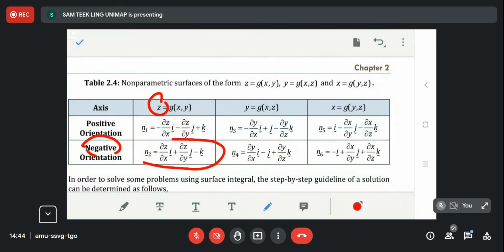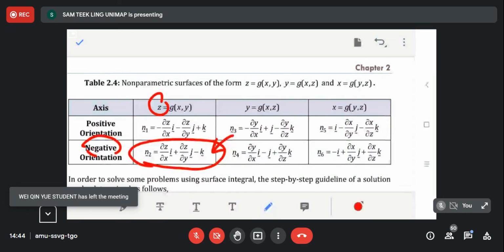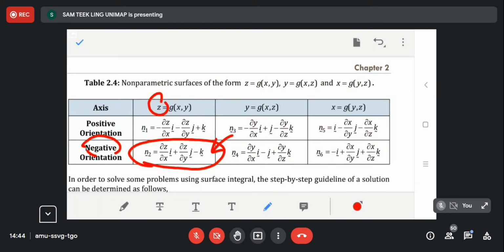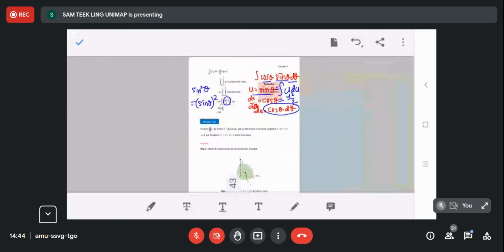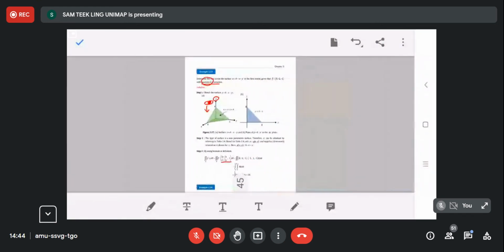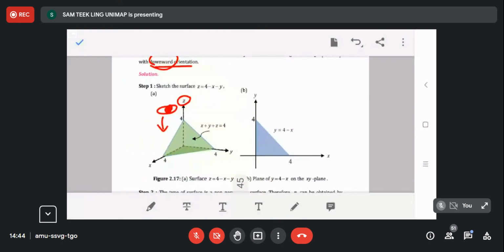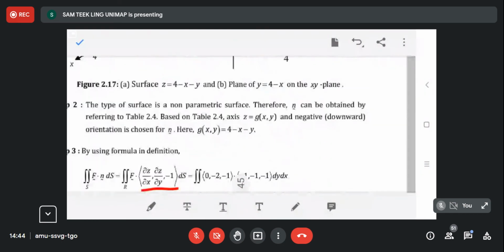So this is the n you use: del z del x i plus del z del y j minus k. This is the formula we want to use. This one is from the table, z axis downward, which comes from our question.